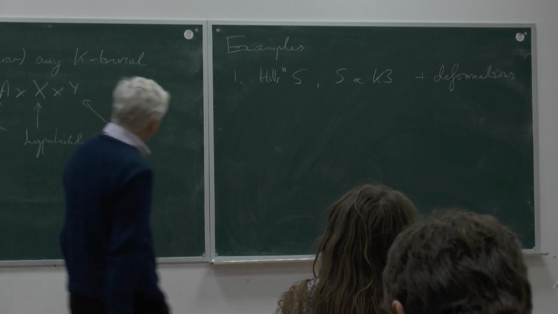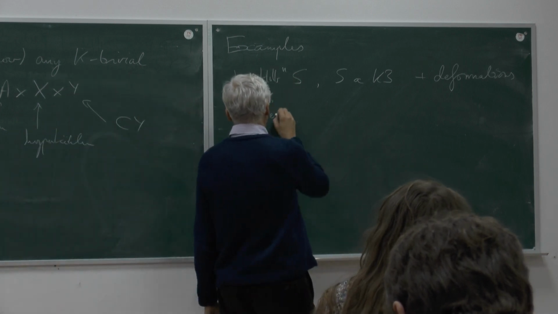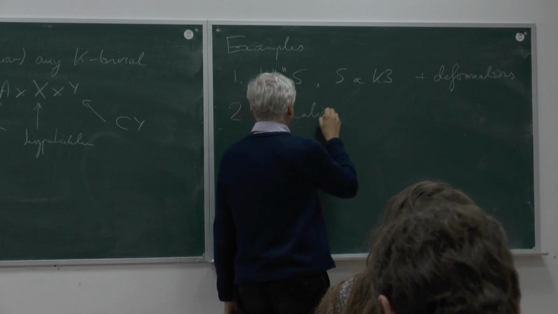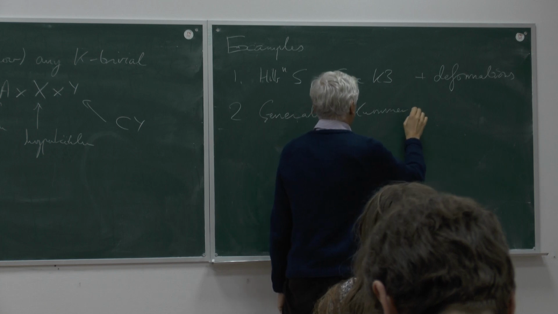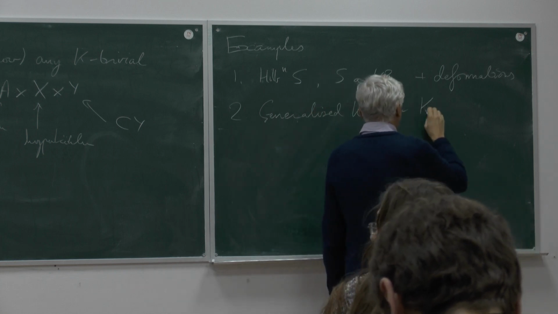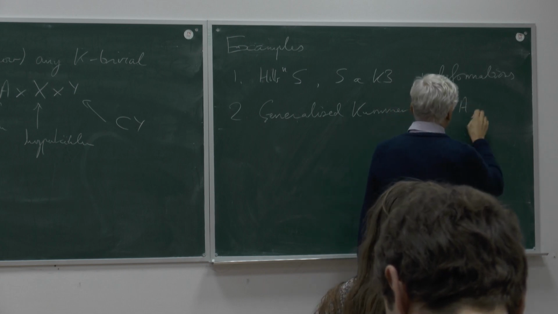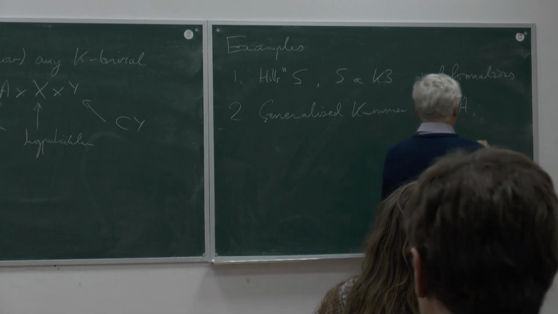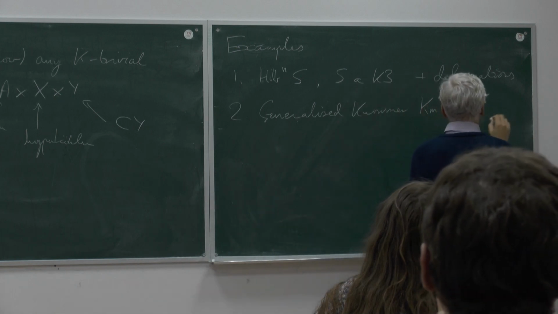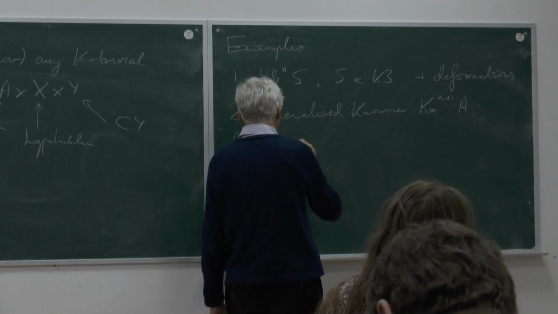And then there are the generalized Kummers. So Km n plus 1 of A. So what you do is you take an abelian surface A. So A is an abelian surface.